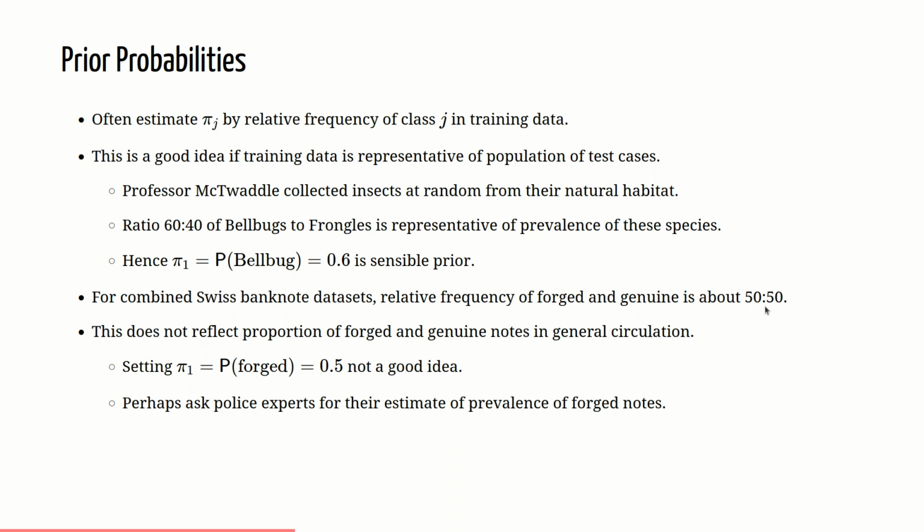Otherwise, we'd have a serious problem, right? We go to a lot of trouble to make sure that it's hard to forge a banknote. Therefore, the prevalence of forged banknotes is going to be really low. So in order to get these prior probabilities, we might want to ask experts as to the frequency of observing forged notes in practice compared to the total number of notes in circulation.